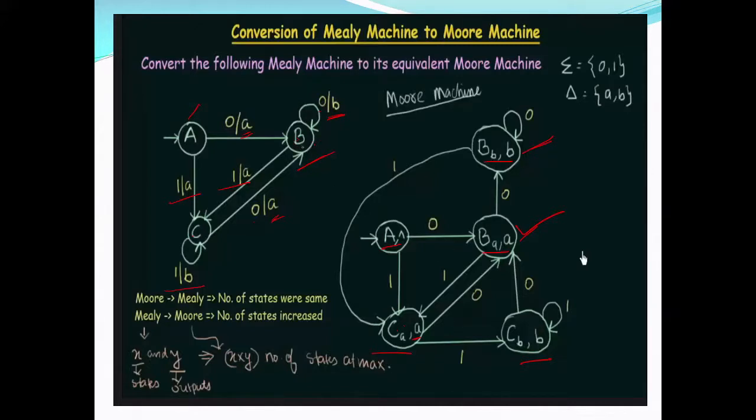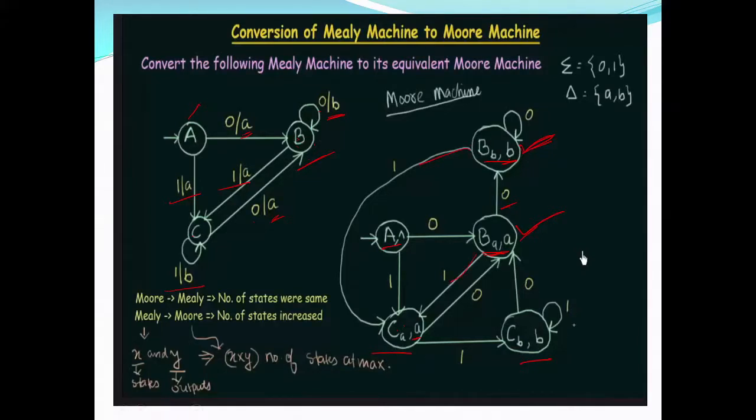B on 0 is going to B, output is B, so this copy should go to the copy of B which will produce output B. So these are your 0 transitions, and now 1 transitions. B on 1 is going to C, output is A. So both copies of B on 1 go to C.